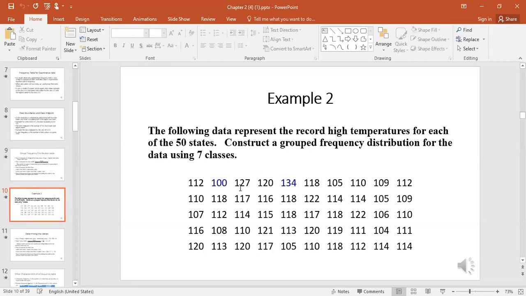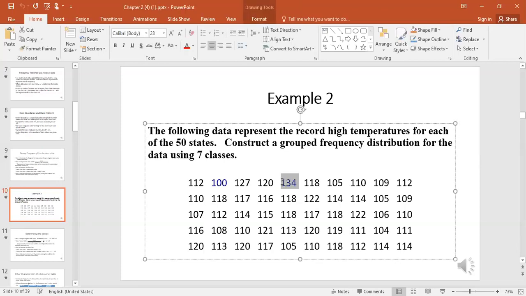The highest data value is 134, the highest temperature for the 50 states, and the lowest data value is 100. These two numbers are useful to compute the range. The range will be 134 minus 100, which is 34.